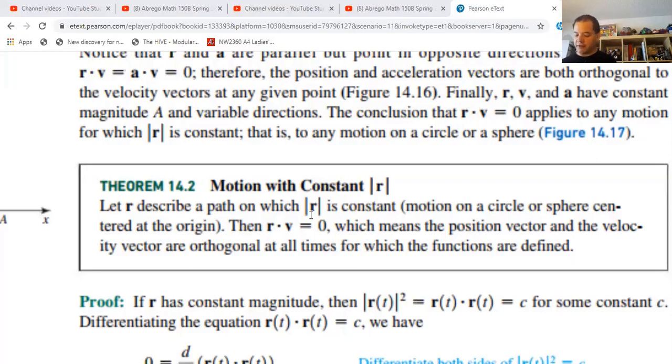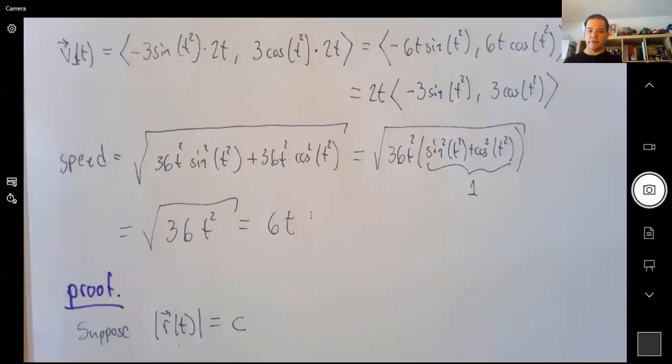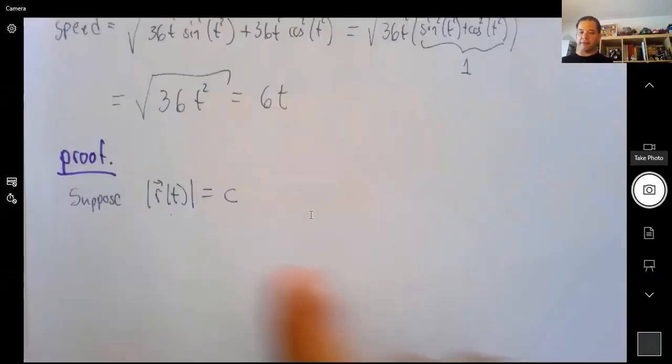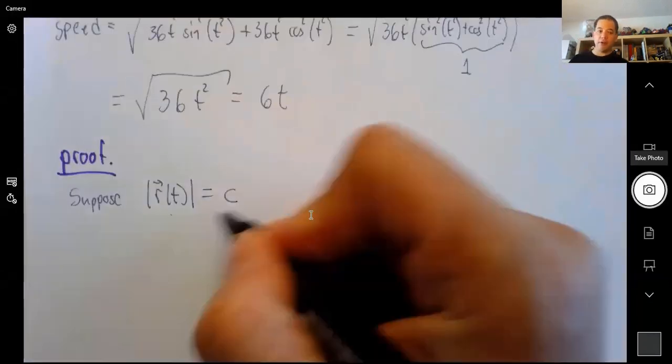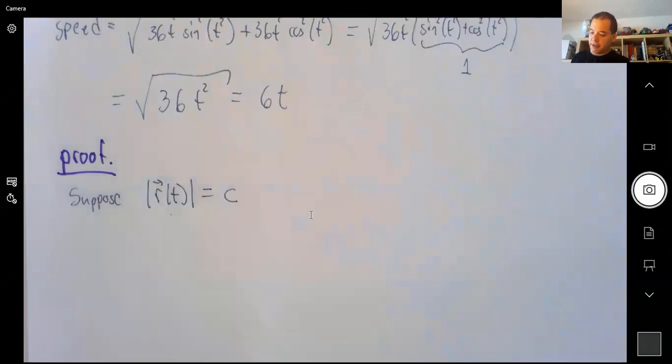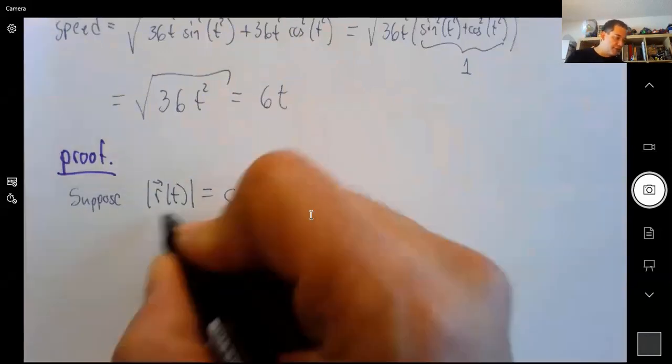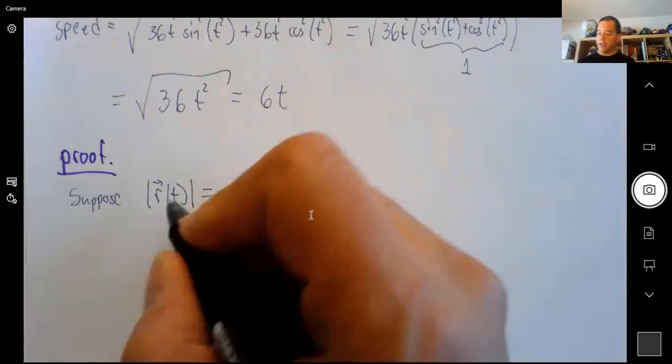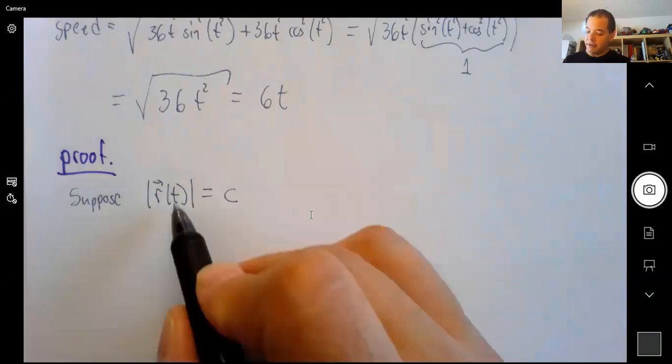So why is it that if we know that the magnitude of r is constant? Suppose that the magnitude of r is constant, some c. Okay, so this is our situation. And let's remind ourselves how we get the magnitude of r.